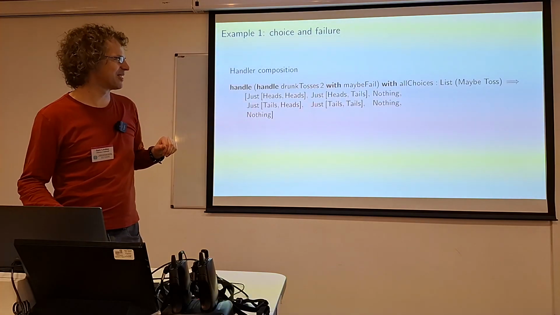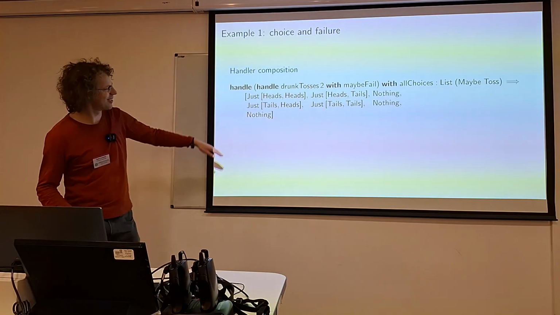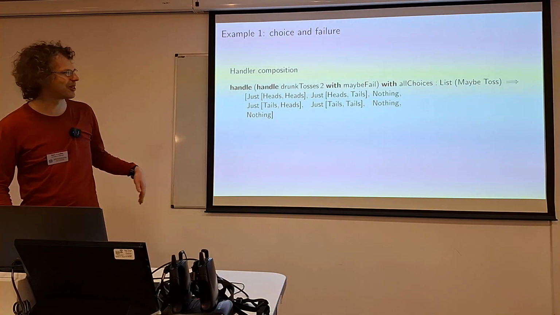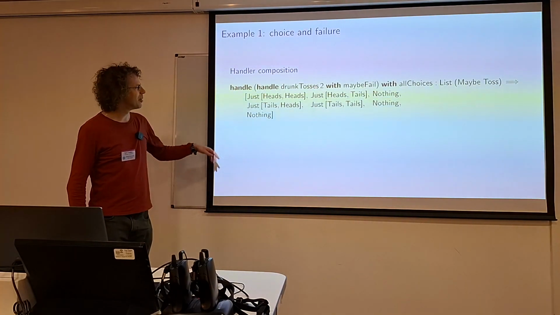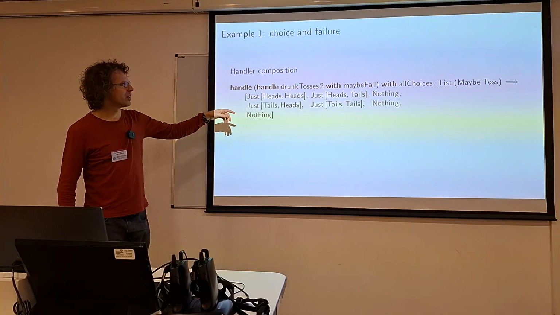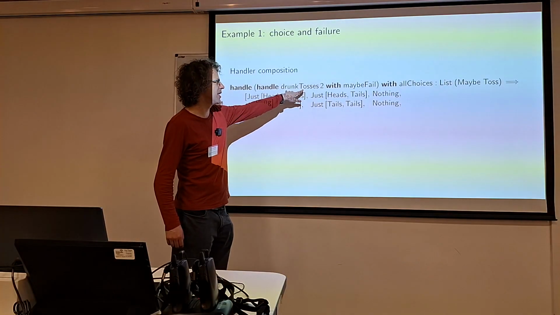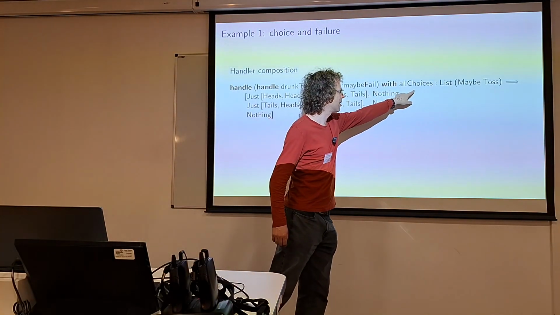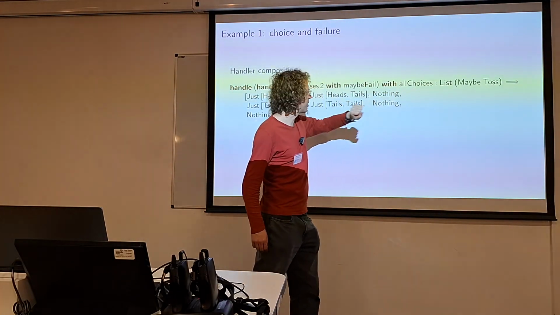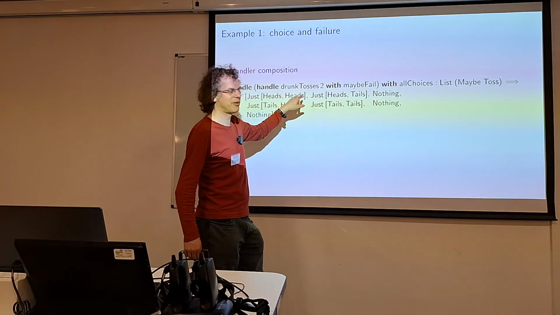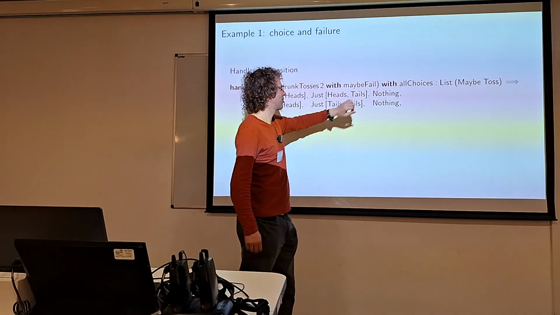And I showed you this example before, and it turns out it gives you something meaningful. And yeah, the point is, whenever you come across a choose in this computation, it's going to bubble out to this handler, the one that does all choices, and whenever you come across a fail, it won't. It will get handled straight away.